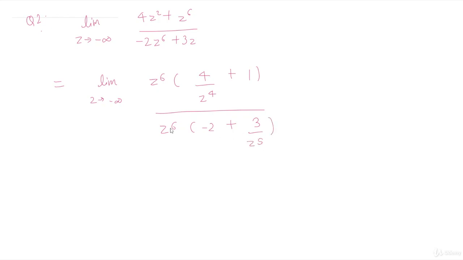And this z to the power 6 can be cancelled out since z is not actually equal to infinity. So this will be now limit z approaches minus infinity, 4 by z to the power 4 plus 1, divided by minus 2 plus 3 by z to the power 5. So now let's plug in z equal to minus infinity.